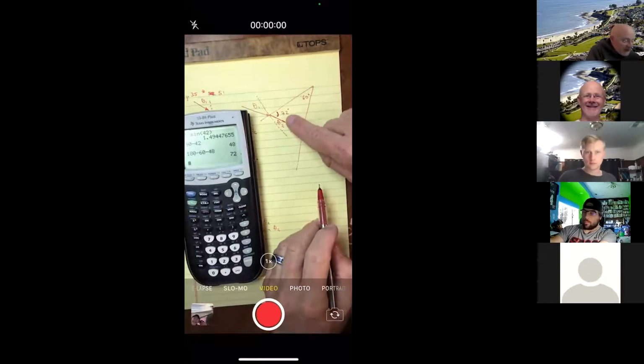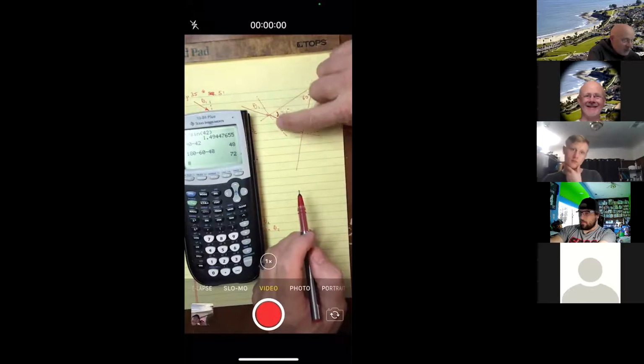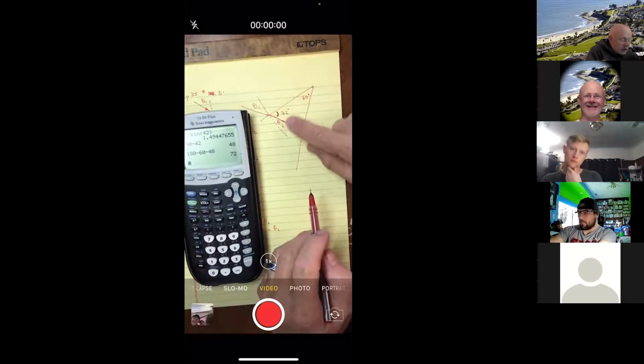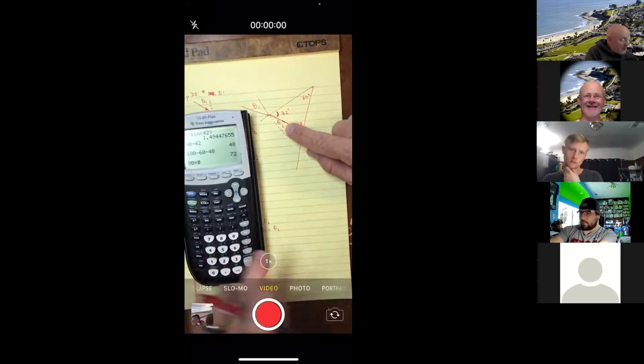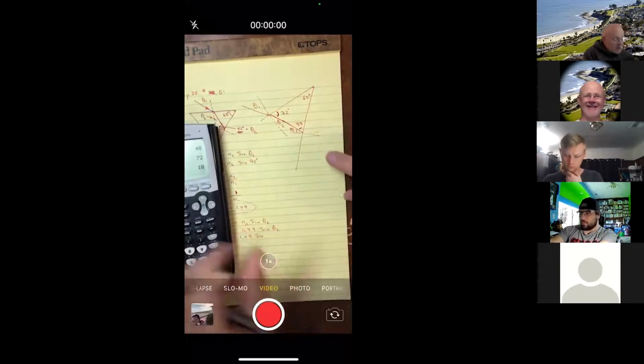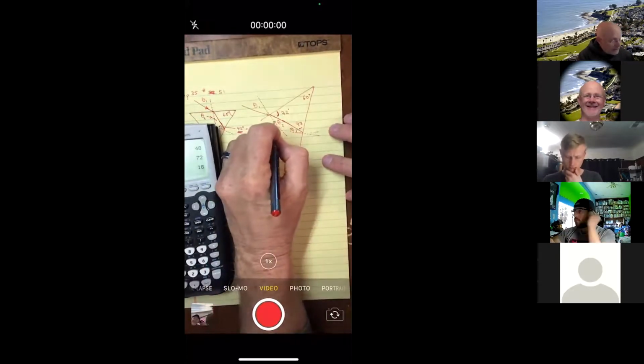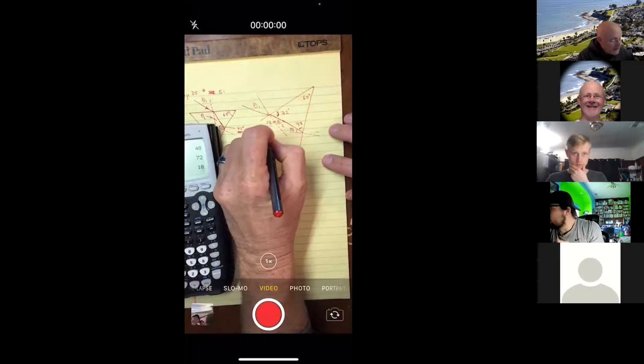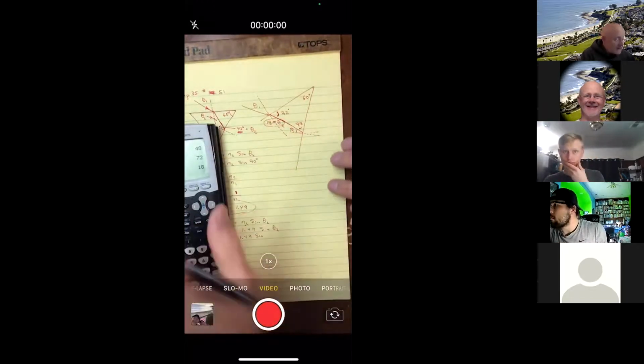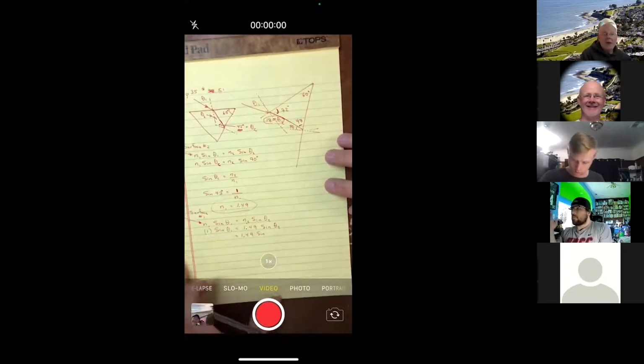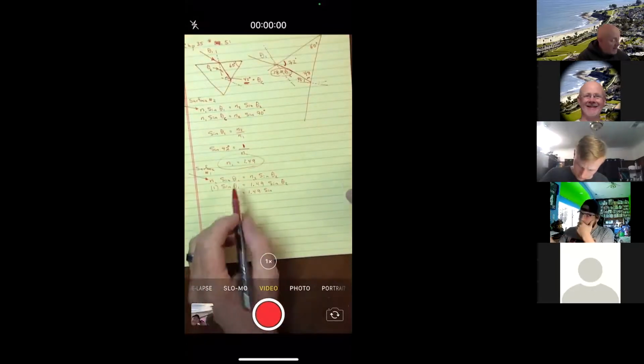Now, looking at that 72 and theta 2, that gets me to the normal. So those two added together, the 72 and theta 2, have to add up to 90. So if I go 90 minus 72, I get 18.